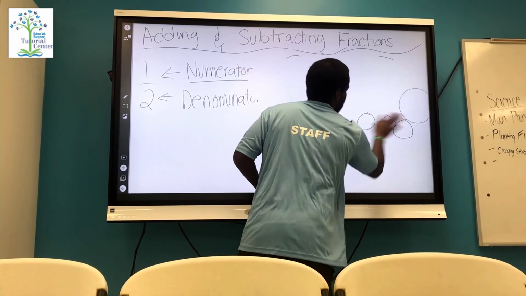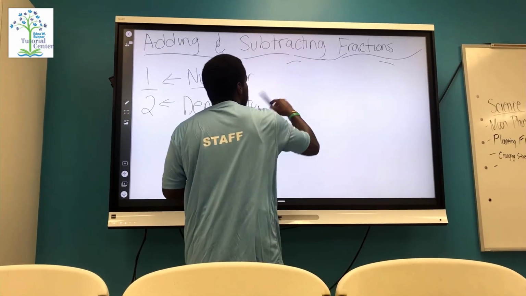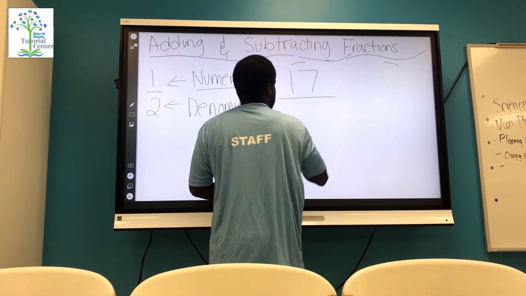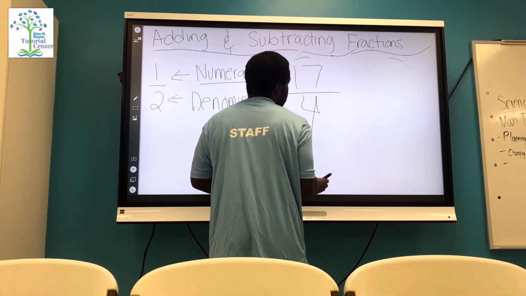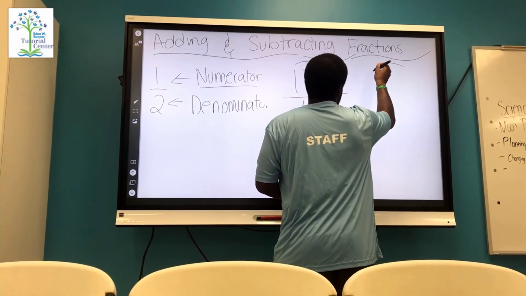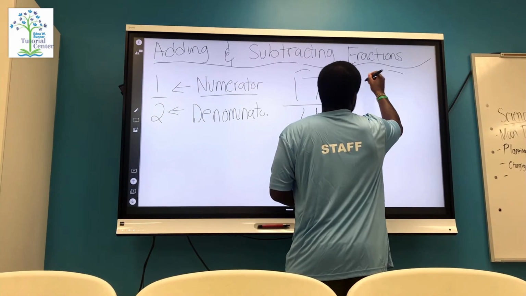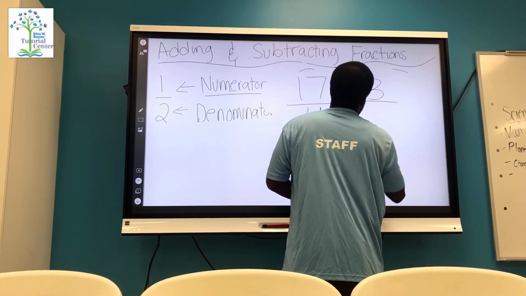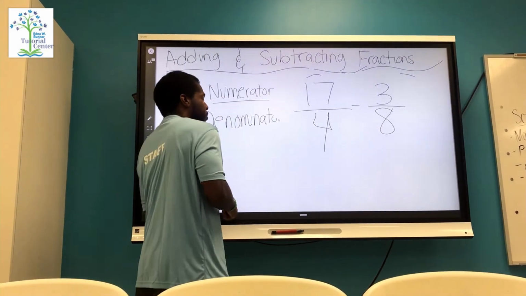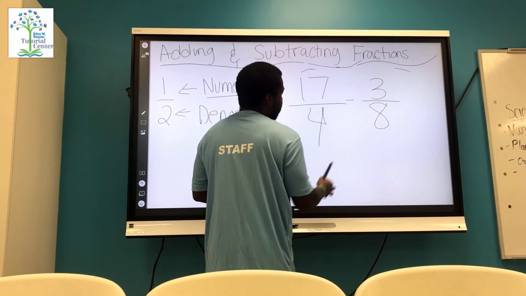Alright, now let's do a subtraction problem with different denominators. Let's do 17 over 4 minus, let's just do 3 over 8. My denominators in this problem are 4 and 8.